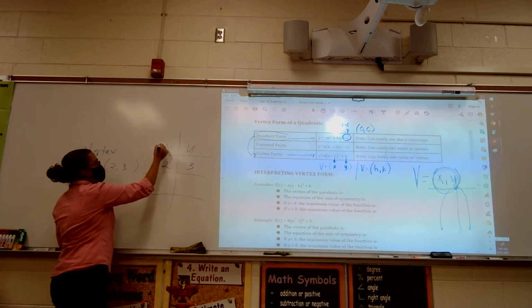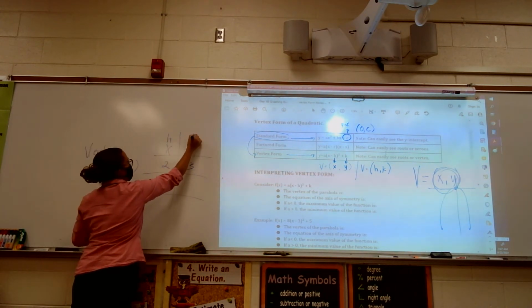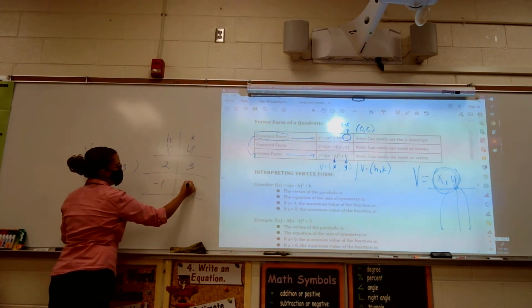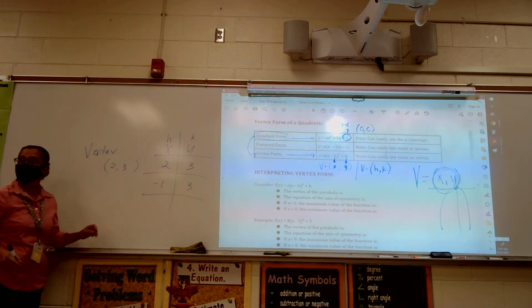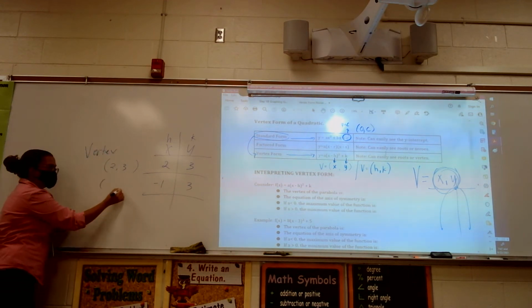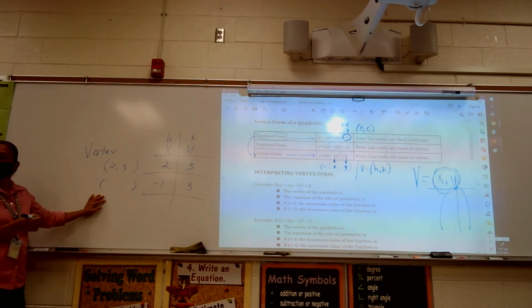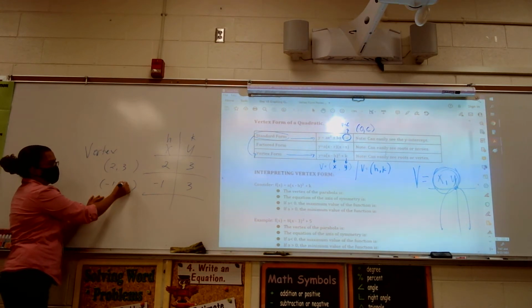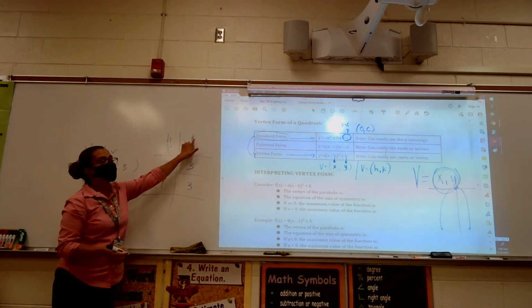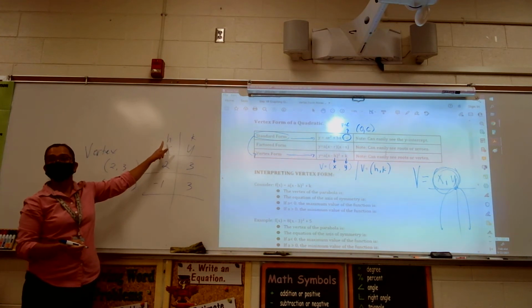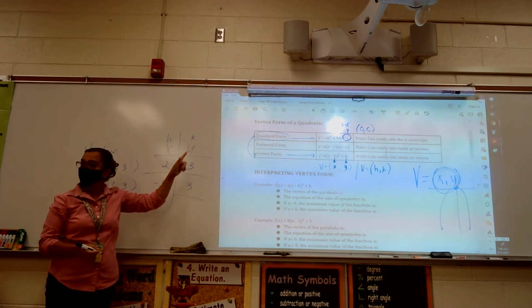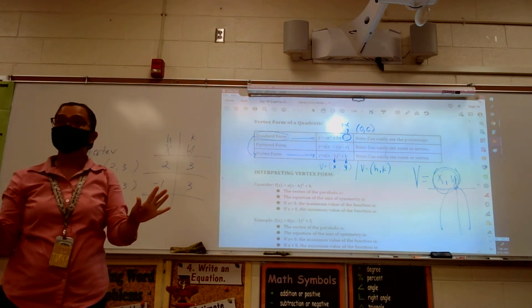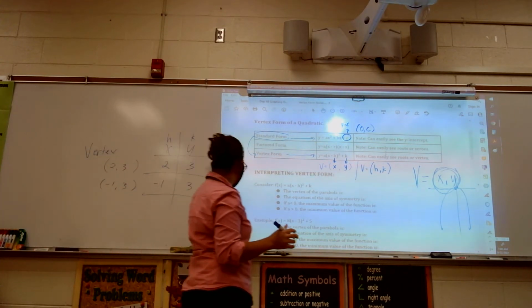If I label this as H and K, what's the vertex if I have -1 and 3? -1 and 3. Again, H and K is the same with what? X and Y. Are we okay with that? Okay, let's proceed.